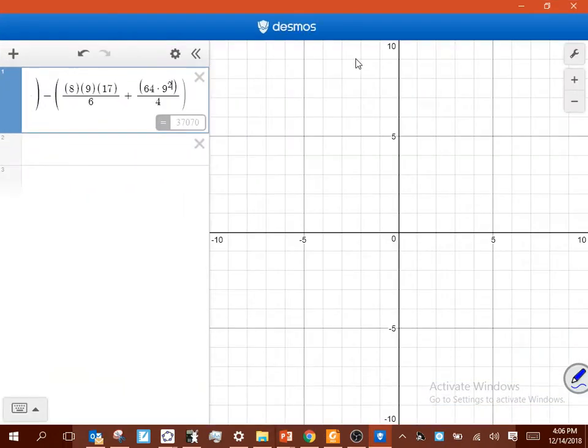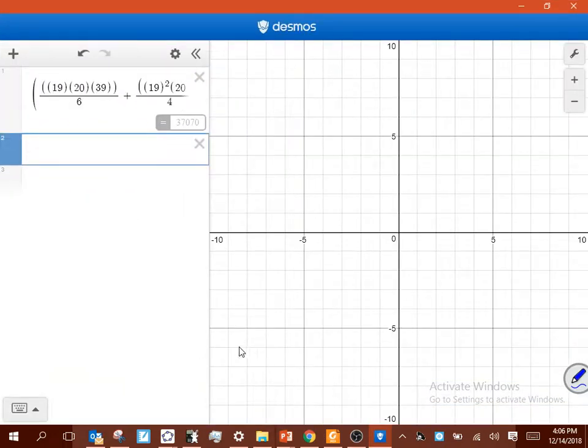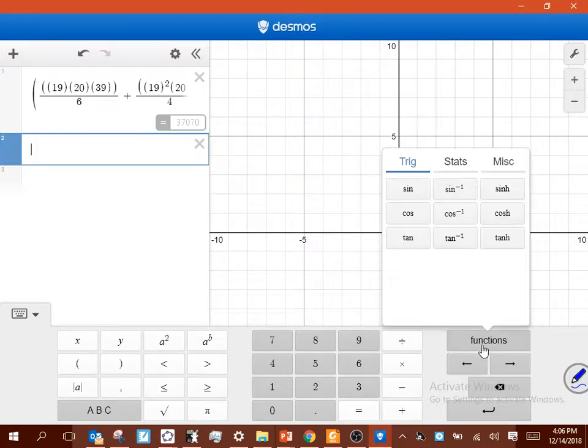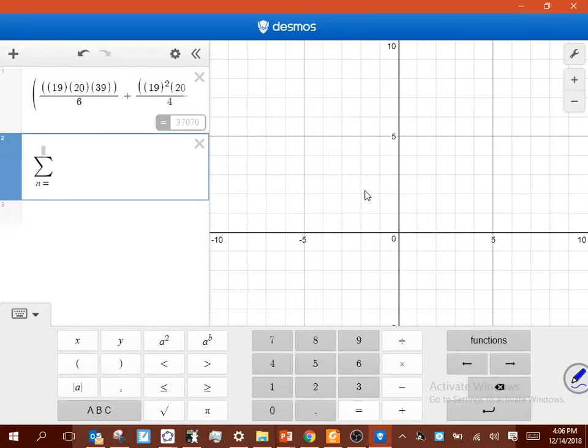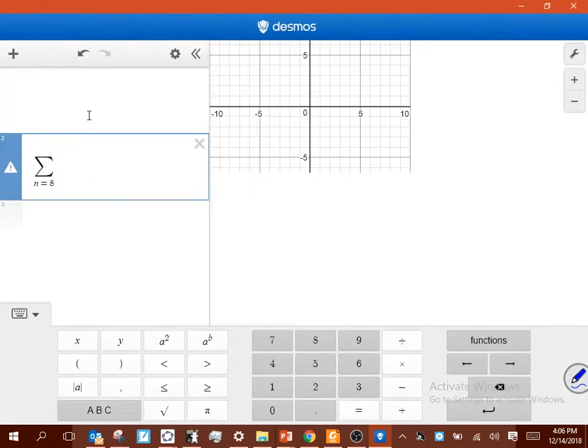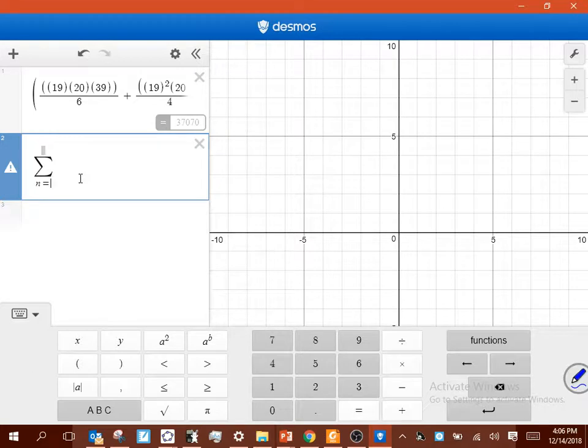Now, there are some nice tools that you can use. If I go to functions, go to miscellaneous, you're going to find that if I go from, is that what we wanted? When we go from 8 or from 9? We go from 9 to 17.